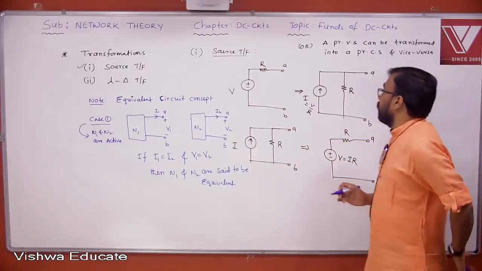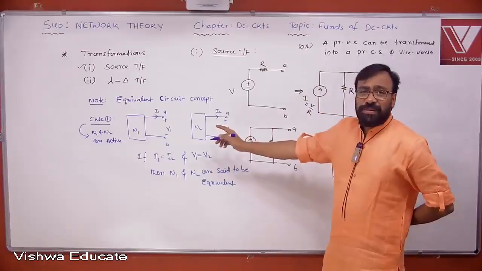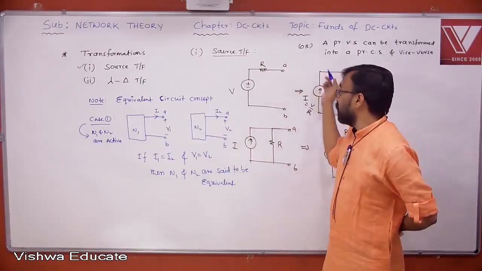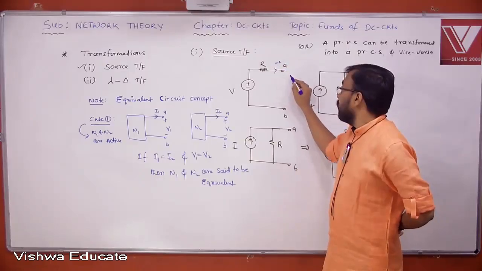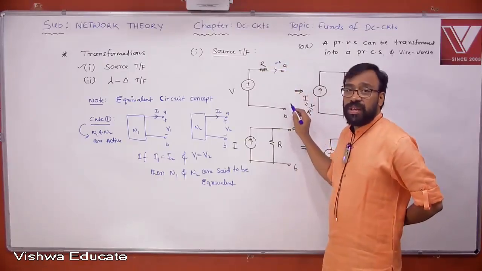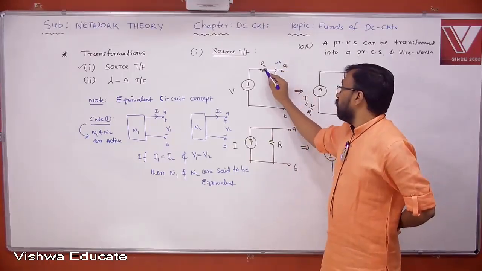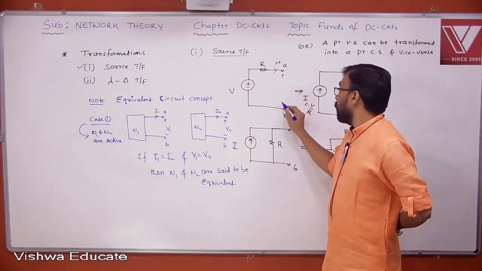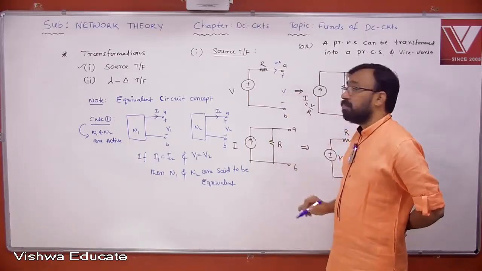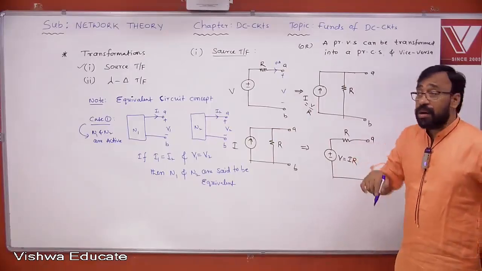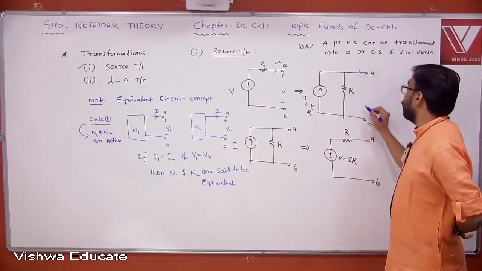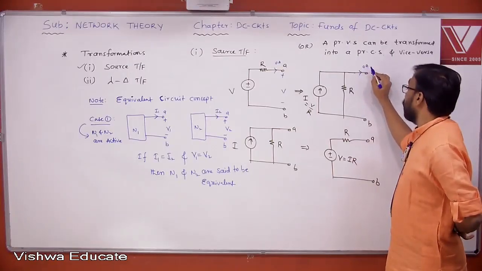Now see, these two are equivalent according to this concept. Yes or no? After transformation, you are getting equivalent, right? Let us find the current. What is this actually here? Because it is not closed, therefore definitely you can get 0. Since 0, there is no drop. The total voltage, how much you are getting here? V. Now, are you getting the same thing here? You must get now, because now here, with respect to AB, what is the current here? 0 ampere.